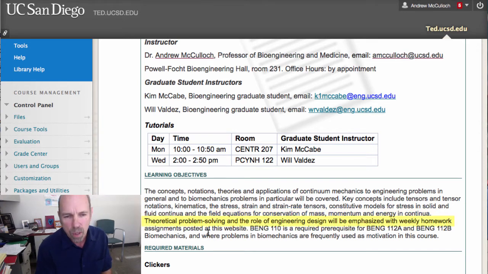We'll be solving problems, and we'll emphasize the role of engineering design in the homeworks. Even if the homeworks themselves don't include specific design assignments, there'll be design-oriented questions. Those assignments will be posted at this website, and will usually be due the week following posting.